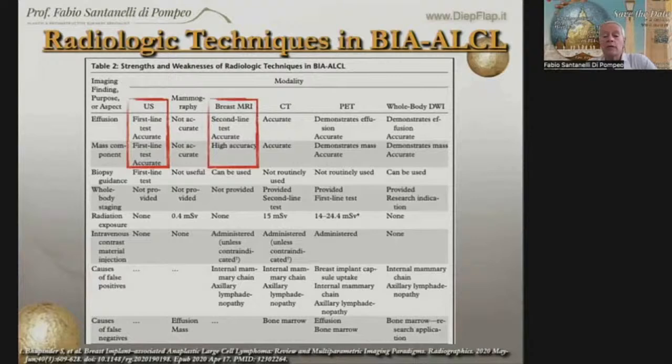If ultrasound is inconclusive, then MRI is the second line test to be used. In my opinion, thanks to its sensitivity regarding implant condition, MRI should always be offered as a preoperative test before taking the patient to surgery. Regarding the staging and follow-up, PET and CT scan are the appropriate tests.